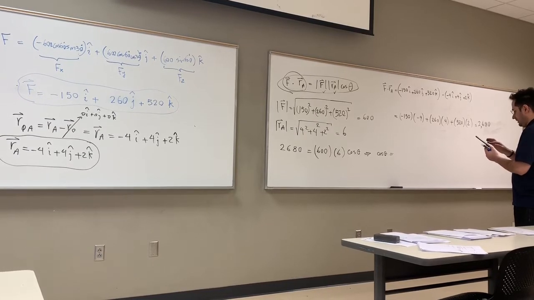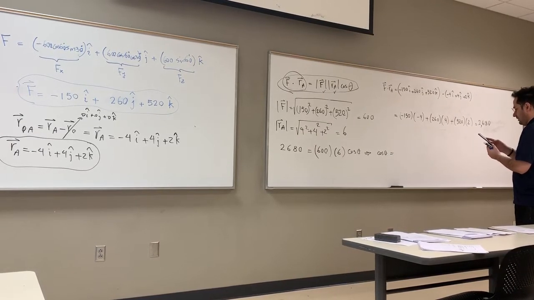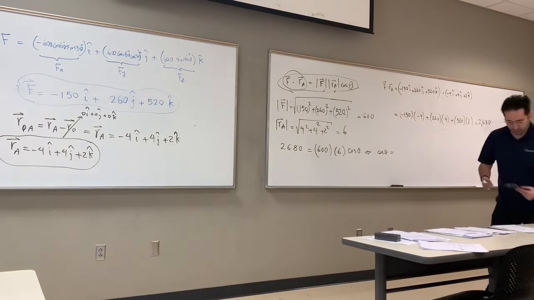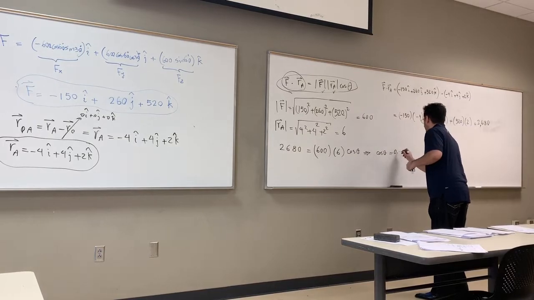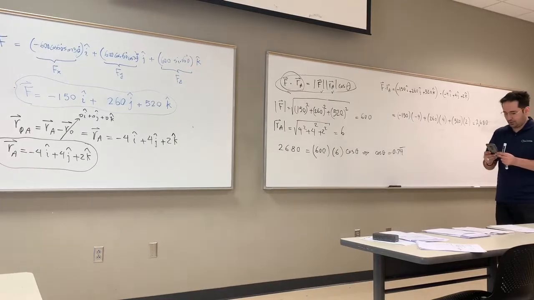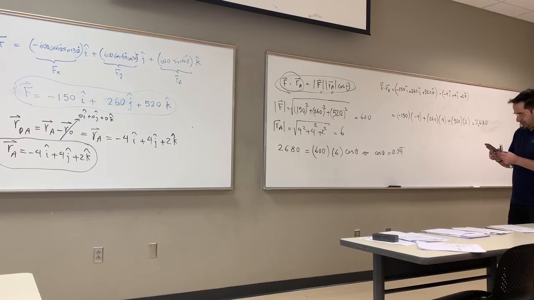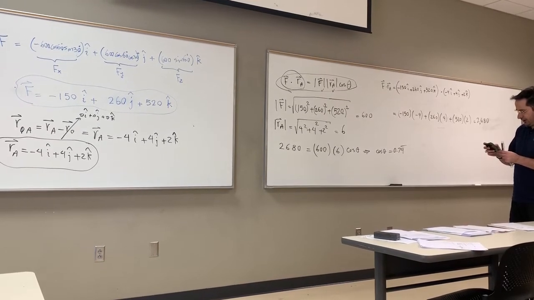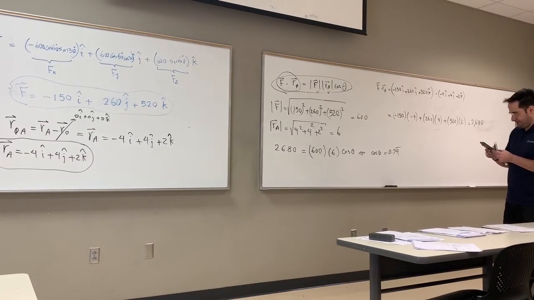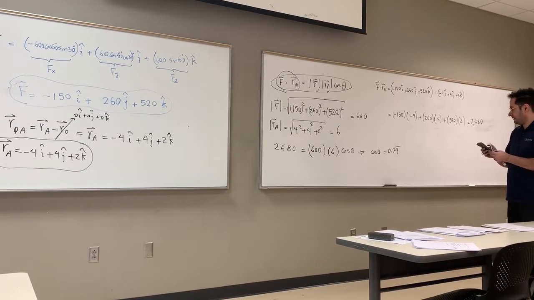2680 divided by 3600, and that's going to be 0.74, right? And then you do arc cosine; on this calculator it's second.